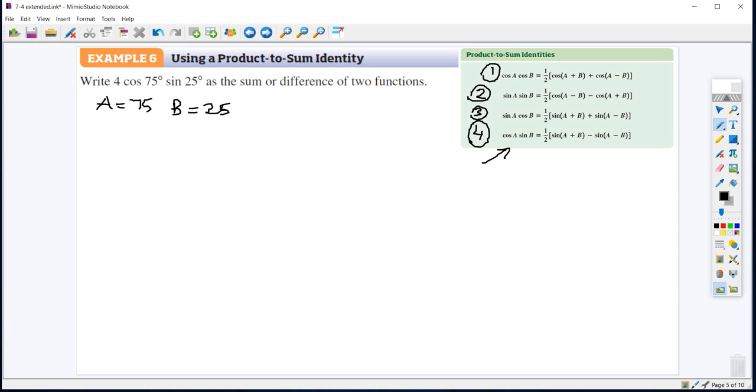Okay, so let's apply the formula. Formula says 1 over 2 times sine A plus B. So basically that's going to be sine 75 plus 25, like this one.